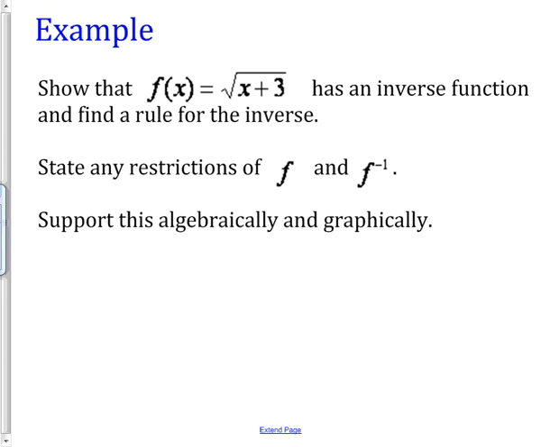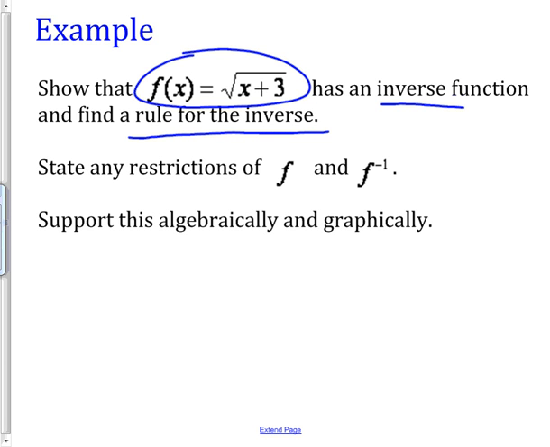So, here is a typical problem. We don't have to do this one, we're just going to talk through it quick. Show that this has an inverse and find a rule for the inverse. State any restrictions of this, as in domain.